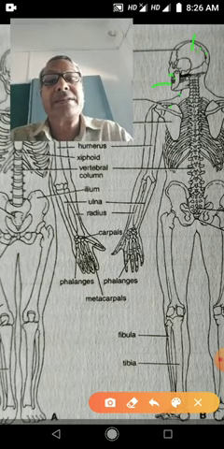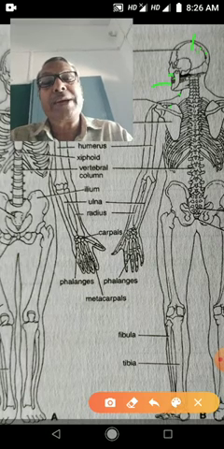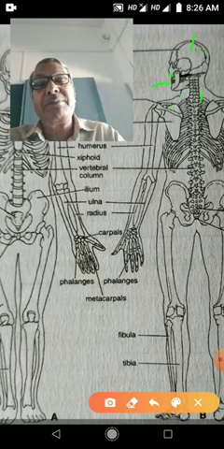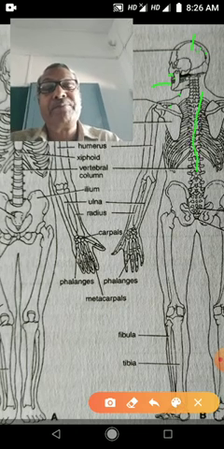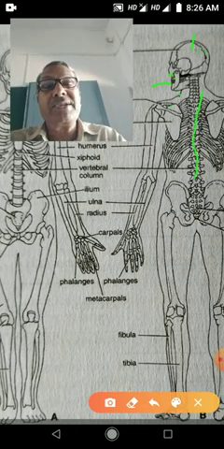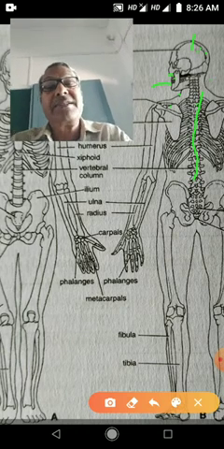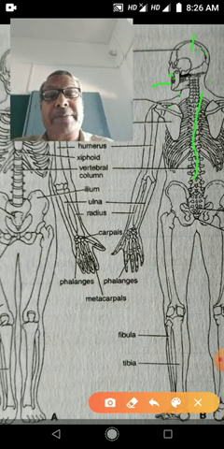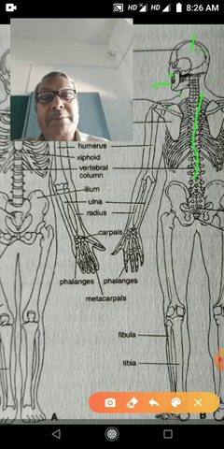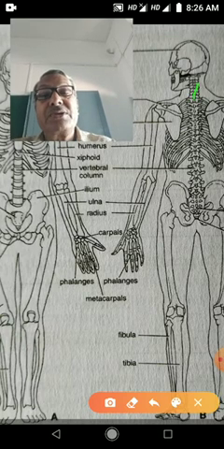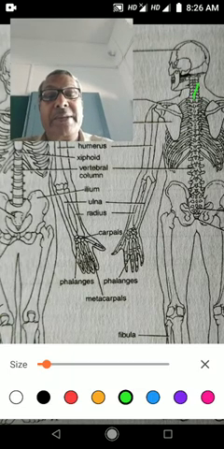Now we are taking the vertebrae. There are a total of 33 bones in the vertebrae. The vertebrae are divided into 5 parts. The first is the cervical vertebrae, present in the neck region. So this portion is the cervical vertebrae.